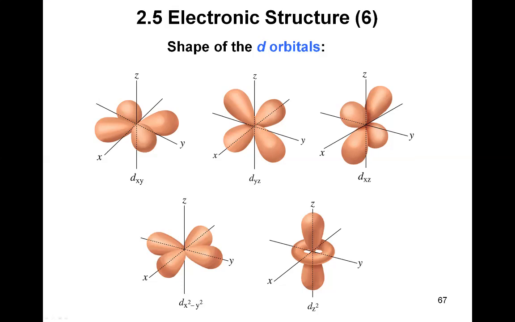We are not showing you the f orbitals because they are even more complicated. There's 7 of them, and we don't ask you to remember this shape.